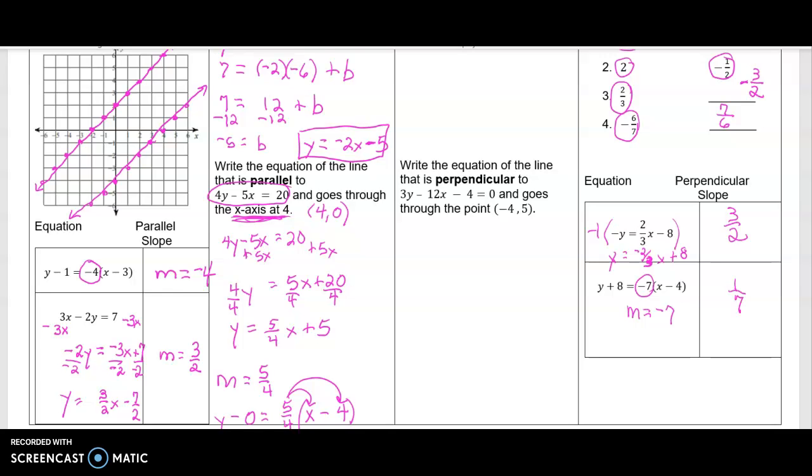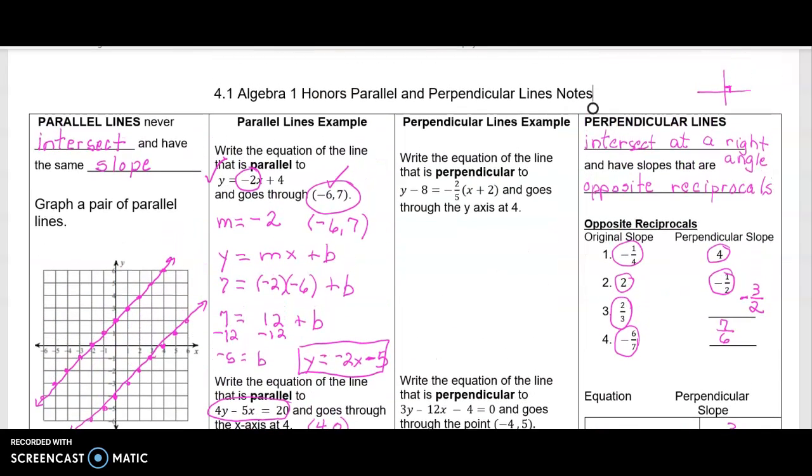So when we come to the third column, where we talk about perpendicular lines, it says write the equation of the line that is perpendicular to y minus 8 equals -2/5 times the quantity x plus 2. It goes through the y-axis at 4.